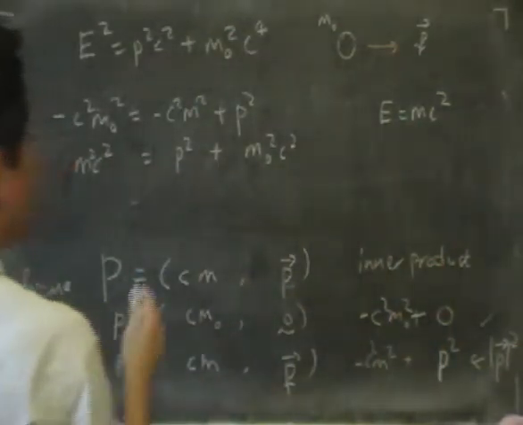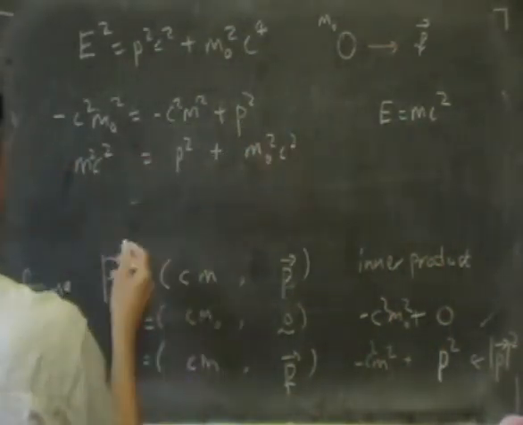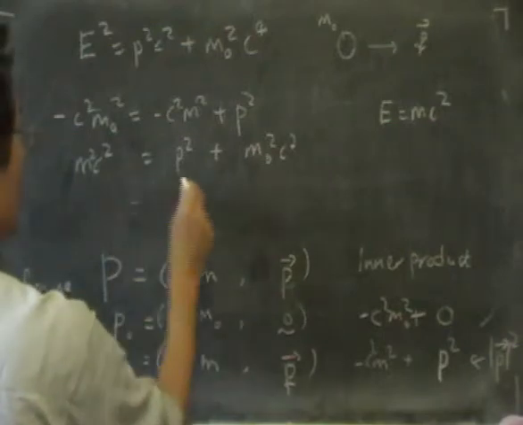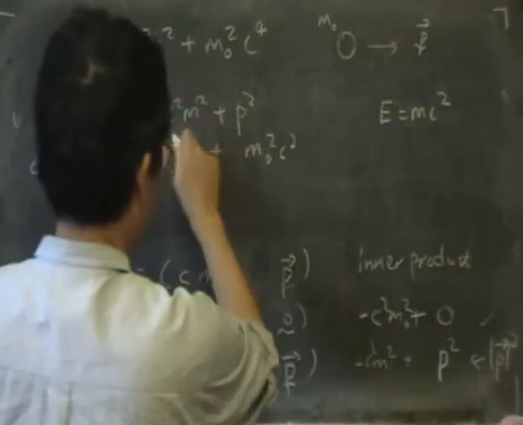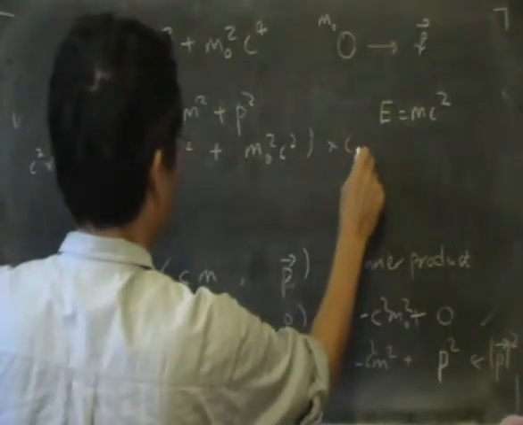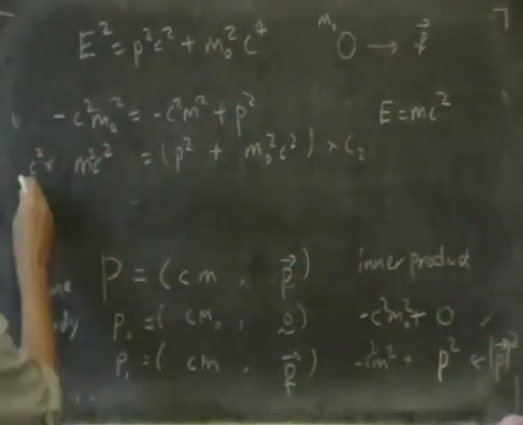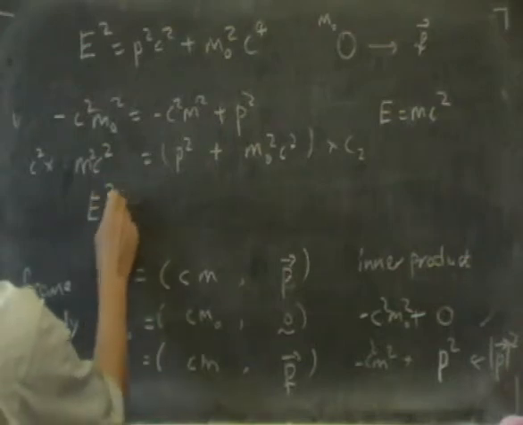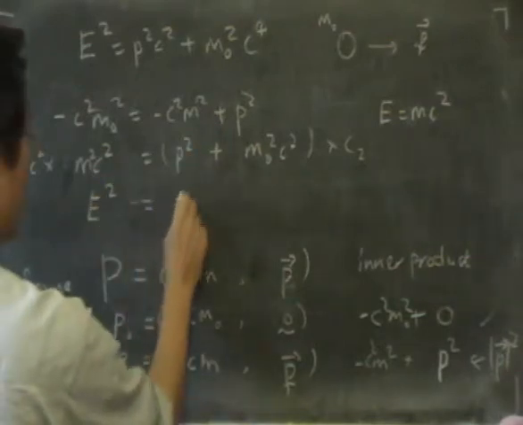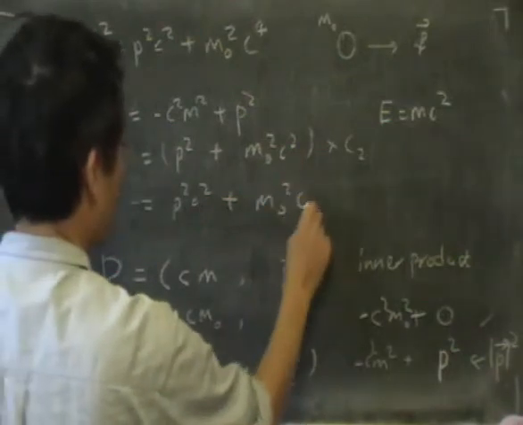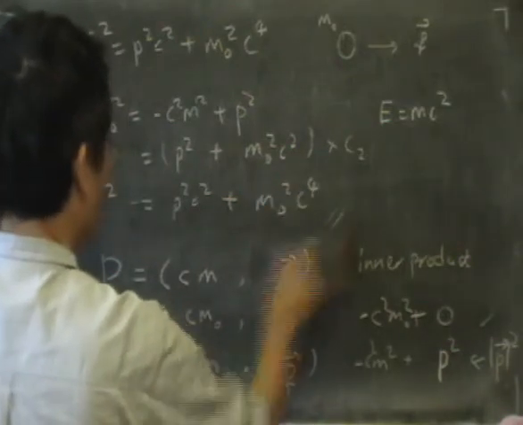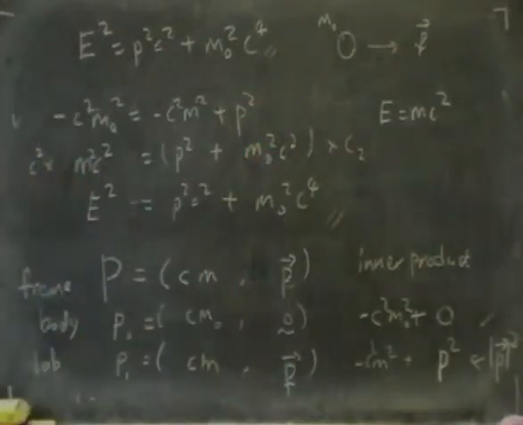So I would multiply both sides by c squared. When you do that, you get E squared here, you get p squared c squared, and you get m naught squared c to the fourth. So there, we've just proved the equation.